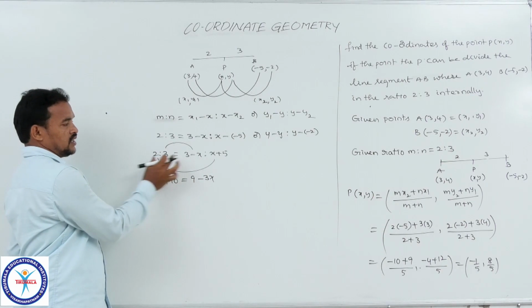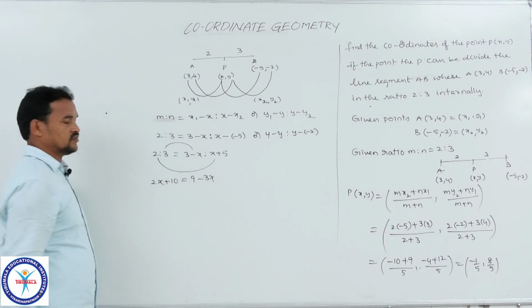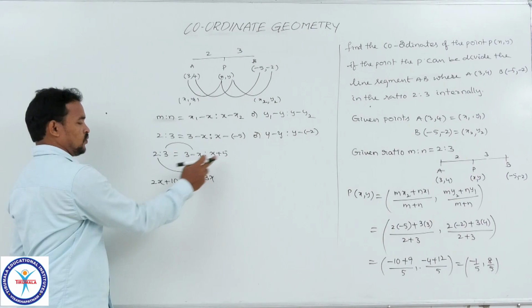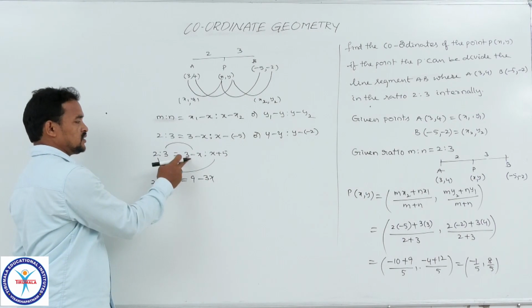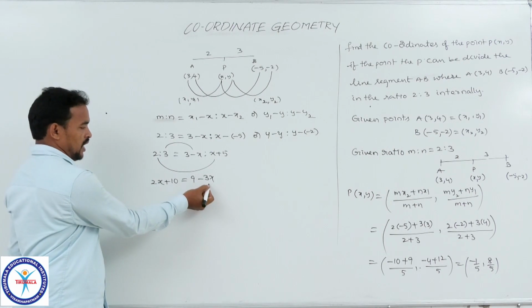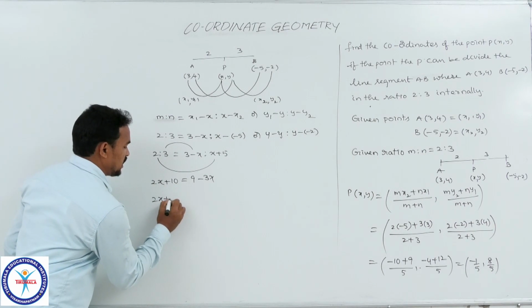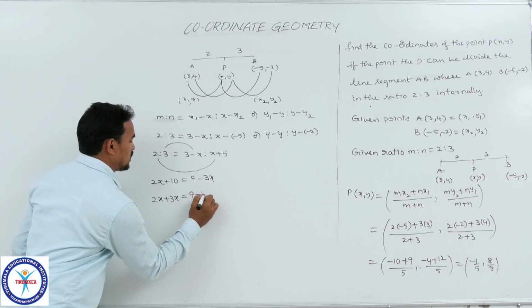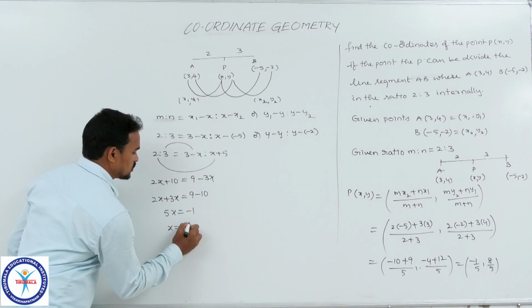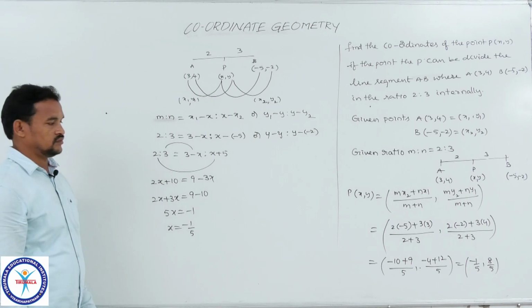If A is to B equals C is to D, what we know is AD equals BC. Minus 3x you take to the left side, plus 10 you take to the other side. 2x plus 3x equals 9 minus 10. 5x equals minus 1. x equals minus 1 by 5.